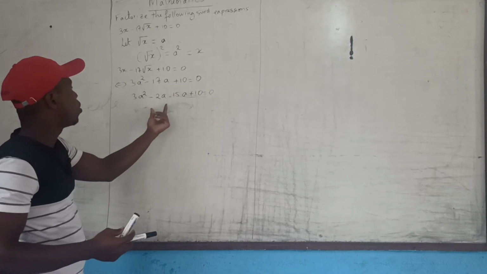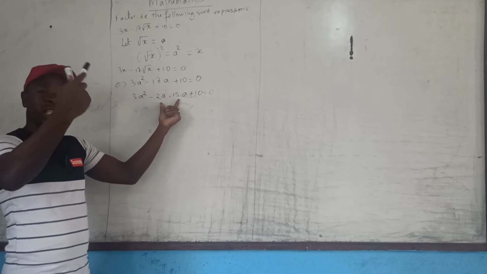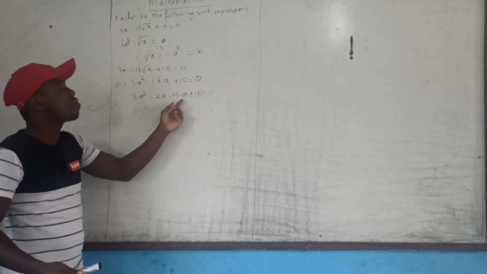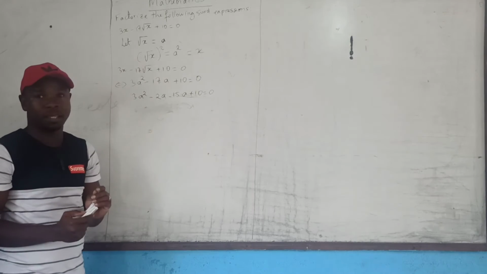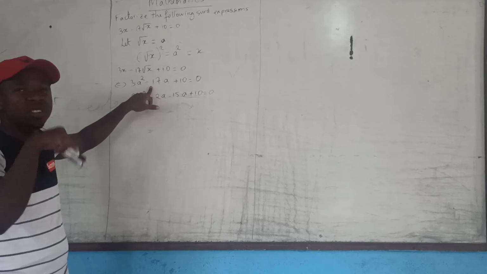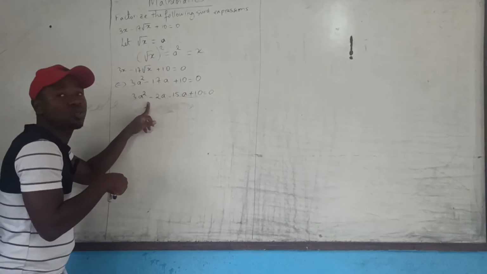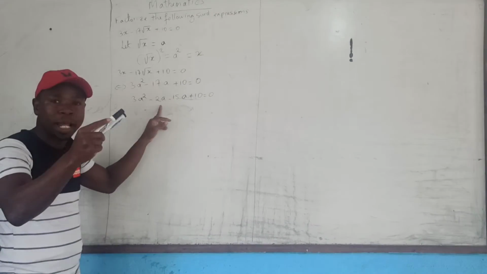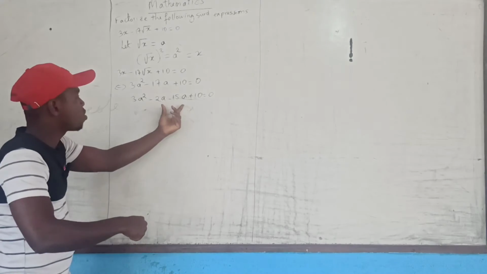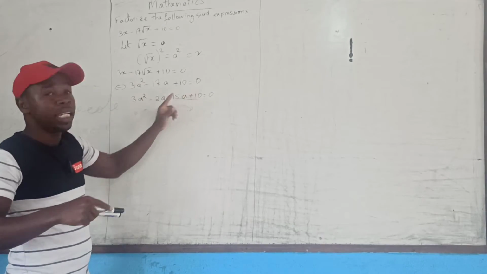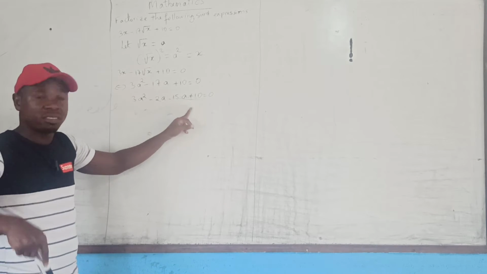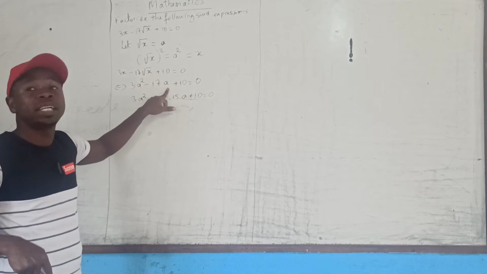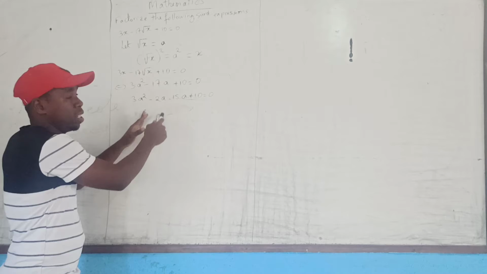Now 30a squared now, find the factors of 30. We have 2 and 15. So the 2 and 15 now, we multiply them now to give us 30. And since here now must be minus, that will be minus 2a times minus 15a. That will give us 30a squared. Now the minus 2a minus 15a must give us minus 17a before you can now proceed.